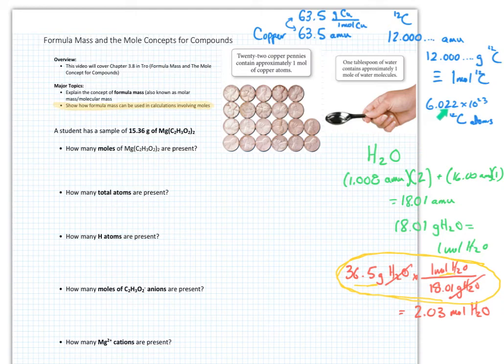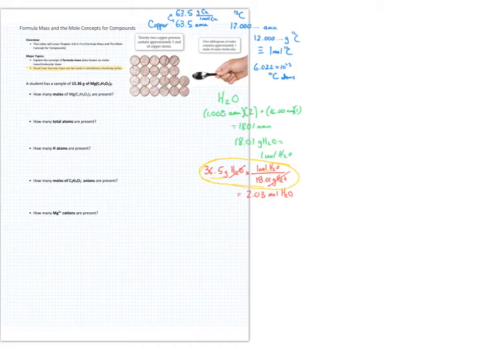Well, we have 6.022 times 10 to the 23rd water molecules, but for every 1 water molecule, there are 2 hydrogen atoms. So there's actually 2 moles of hydrogen atoms. There's 1 mole of oxygen atoms, and there's 3 moles total. So if I said, what are the total number of atoms in water? It would be 6.022 times 10 to the 23rd times 3, because there's 3 atoms.